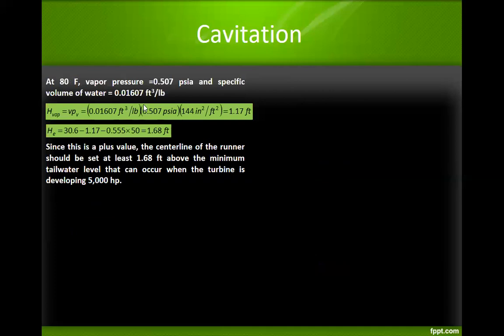So at 80 Fahrenheit, vapor pressure is 0.507 psi and the specific volume of water is 0.01607 cubic feet per pound.